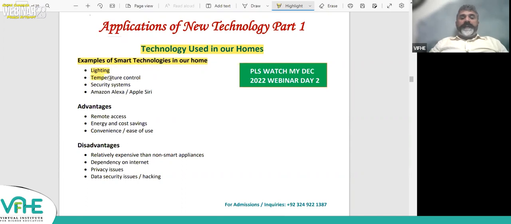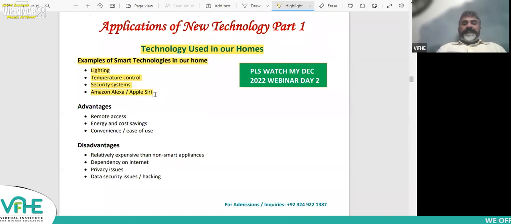You can control the AC or the heaters. You can have security systems through smart apps and stuff like Amazon's Alexa and Apple Siri. These are all gadgets and apps and technology used in homes, especially on the Western side, right?